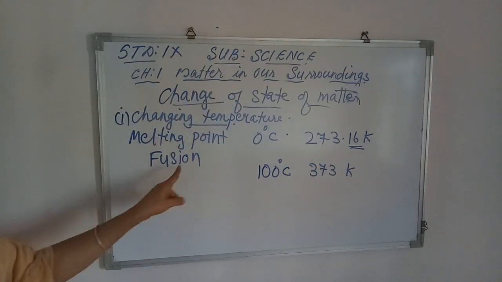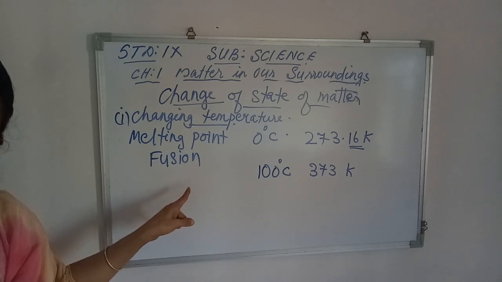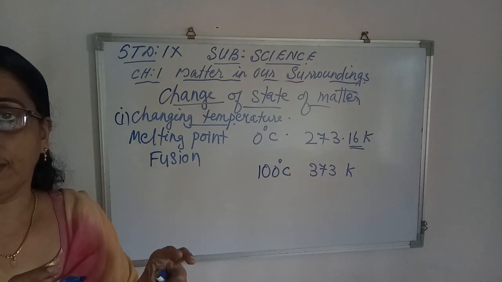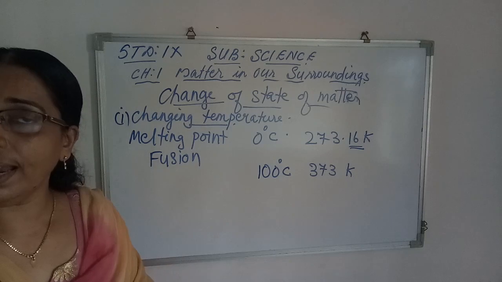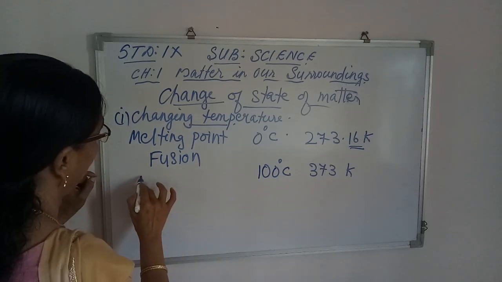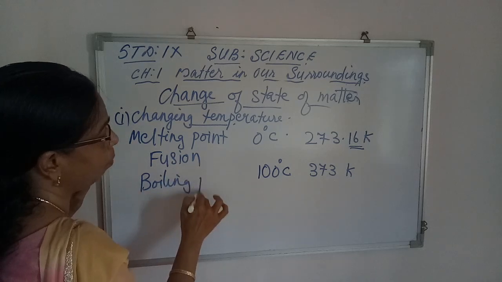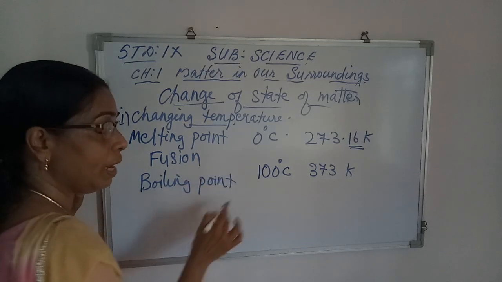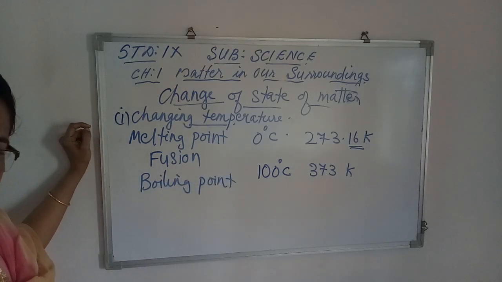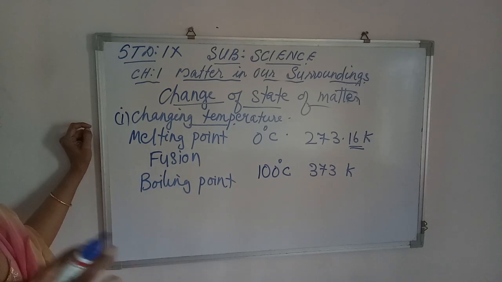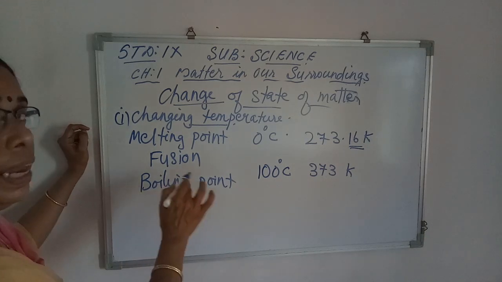The temperature at which a liquid substance starts boiling is called the boiling point. Then what is boiling point? The temperature at which a liquid starts boiling at atmospheric pressure is called the boiling point.